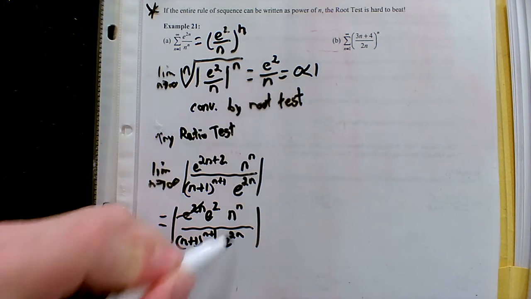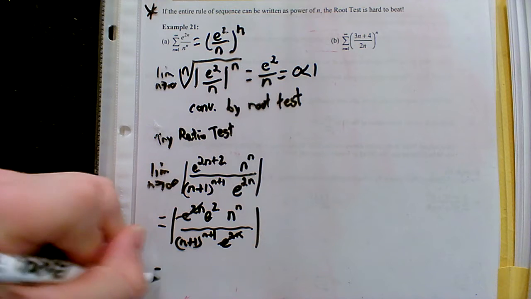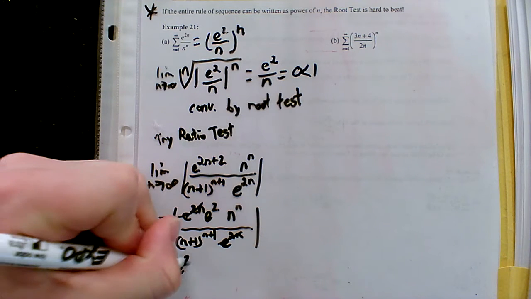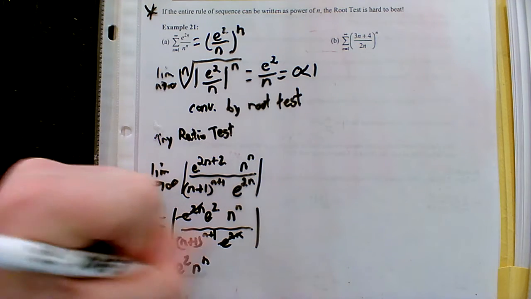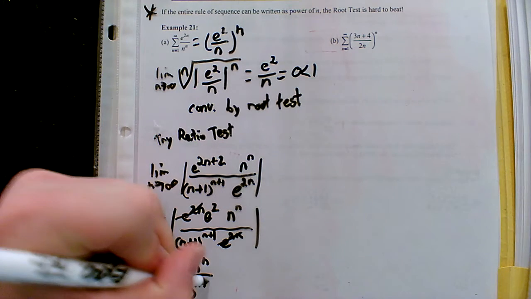Well, e to the 2n, e to the 2n, gone. That leaves us with the absolute value of e squared, n to the n, over n plus 1 to the n plus 1.